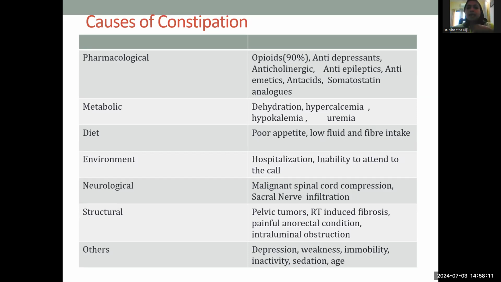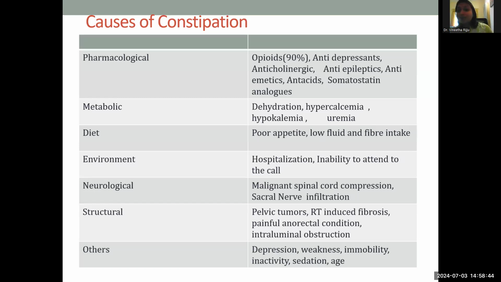So like I was saying, environment is a very neglected cause for constipation. Then, of course, neurological reasons like malignant spinal cord compression, spinal nerve infiltrations, like the sacral nerves getting infiltrated. Now, structural causes can be obstruction, like pelvic tumors, RT-induced fibrosis, like Dr. Dilip was saying, and painful anorectal conditions.